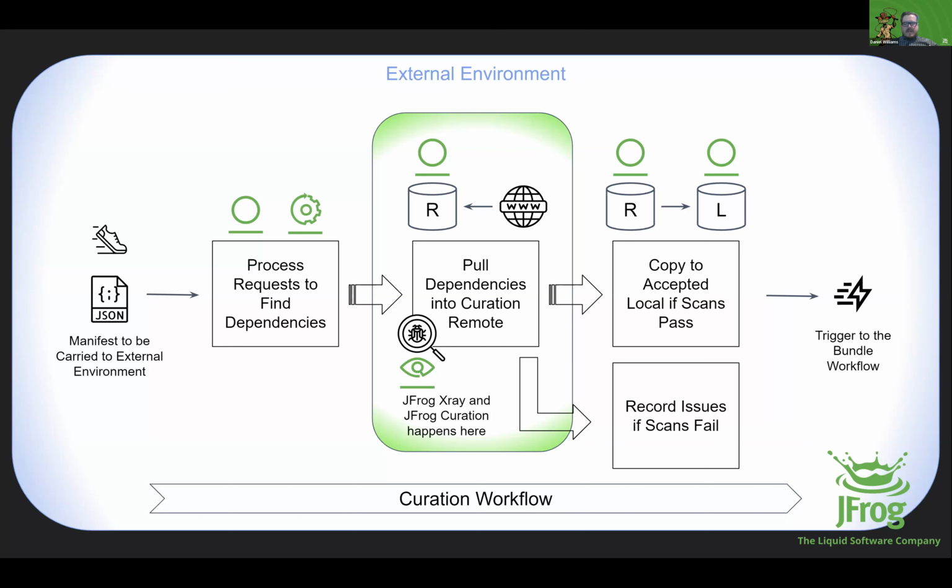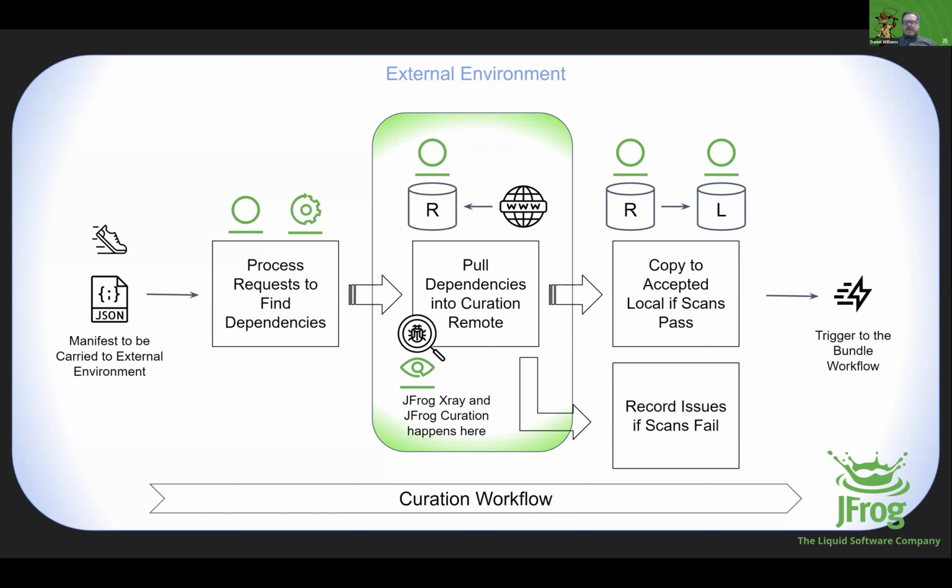So the updated design, when you go to implement this, would be to use curation initially to keep things from coming into the environment, even this environment, and then anything that curation can't handle or hasn't caught would get scanned by Xray, just as a double check. And then at that point, it would be curated, and we would copy those into a local repository flagged to say, this is what's been curated, this is what's safe.